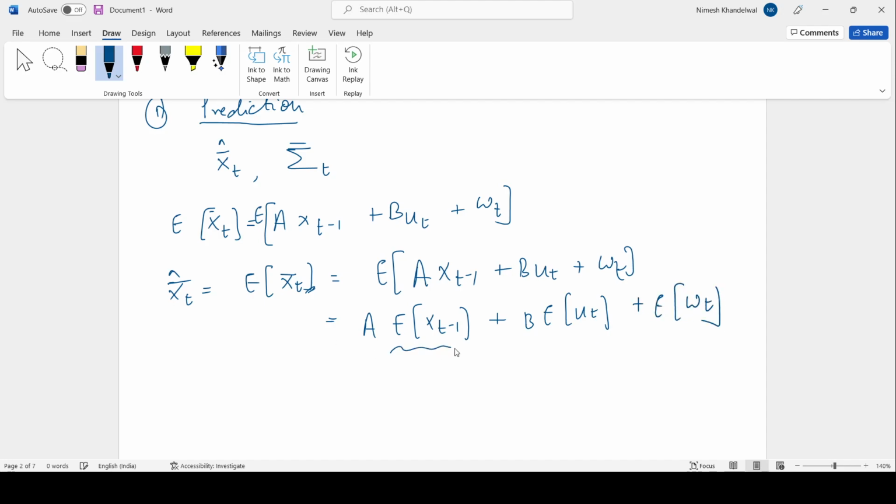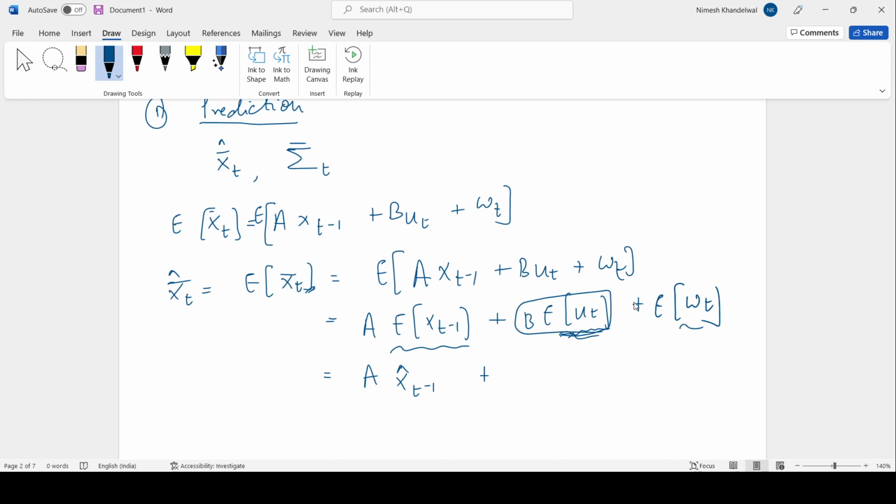Now what is expectation? Expectation is just the mean value. So I can write this as A x hat, the mean value at t minus 1, plus, as I told you, u_t is already the mean value in my control.